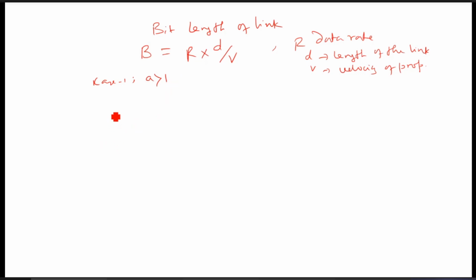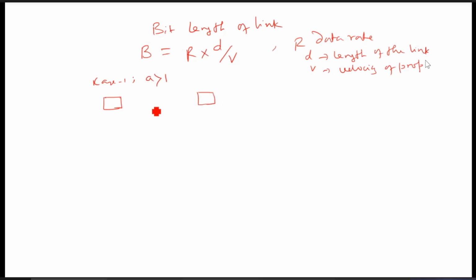So if you consider the two stations, transmitter and receiver, you see how many snapshots you get. In case 1, the link length or the propagation delay is quite large compared to the frame length. Try to understand this timing diagram.